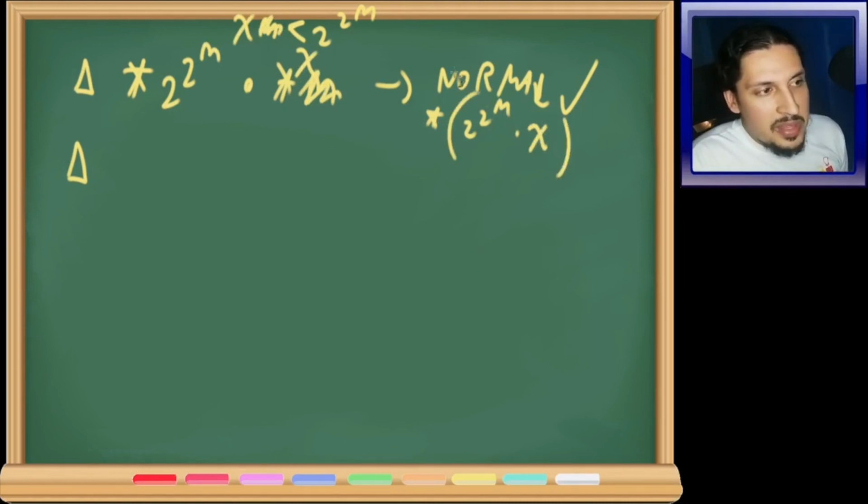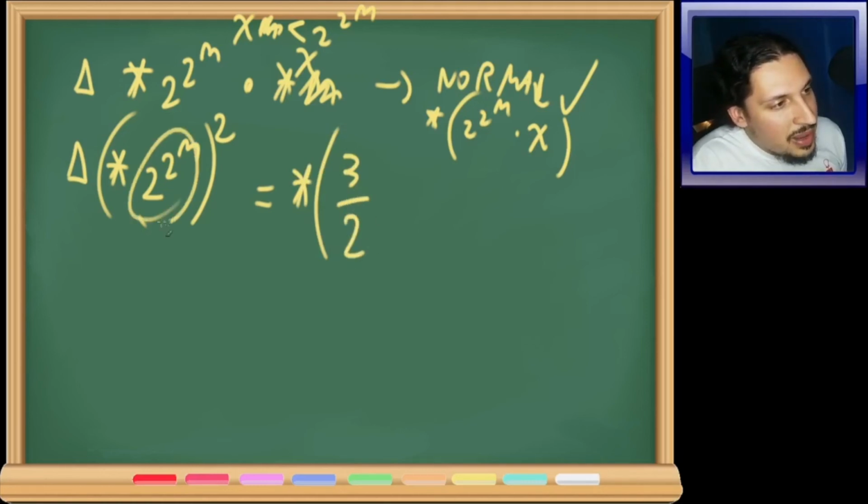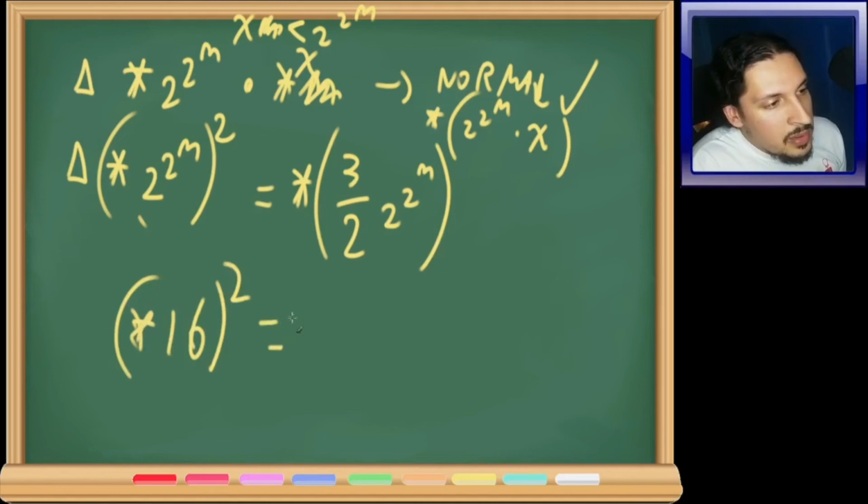You just multiply them and that's it. And the other rule that you have to remember is that if you have a Fermat power and you square it with respect to this operation, you multiply it by itself, then the result is a pile of size 3/2 of your power. So, for example, a pile like 16, if you square it, it will give star 24.